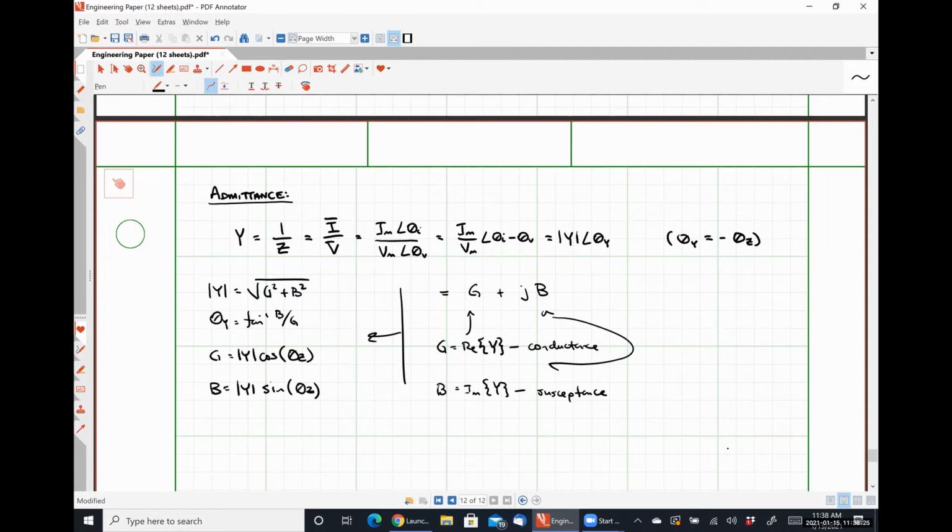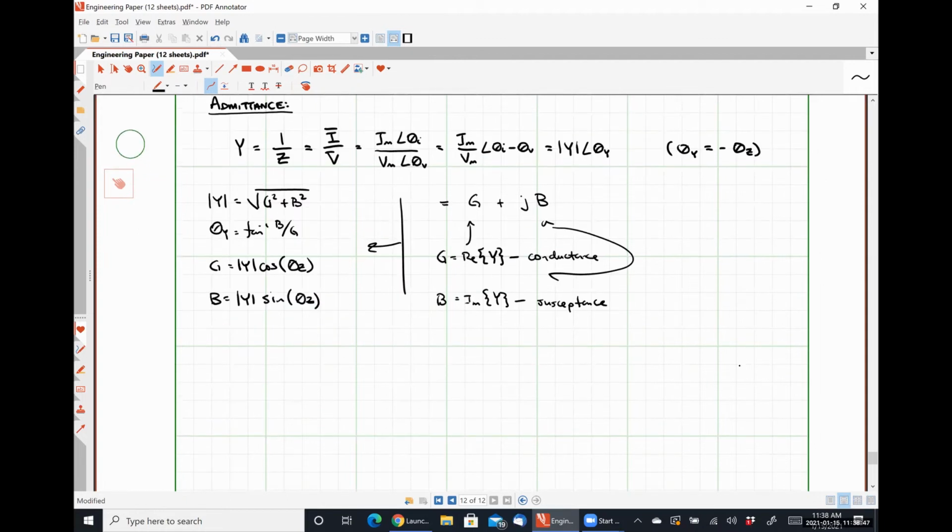In a DC circuit, we define conductance as simply the reciprocal of the resistance. The conductance, which is the real part of the admittance, is not simply the inverse of the resistance, okay? So I want to make that really, really clear.